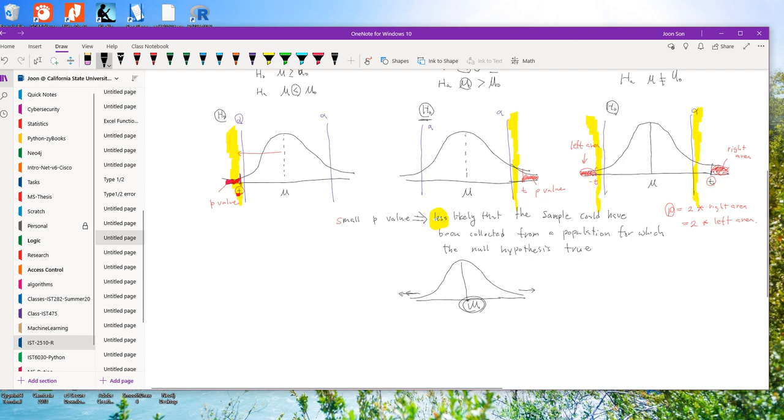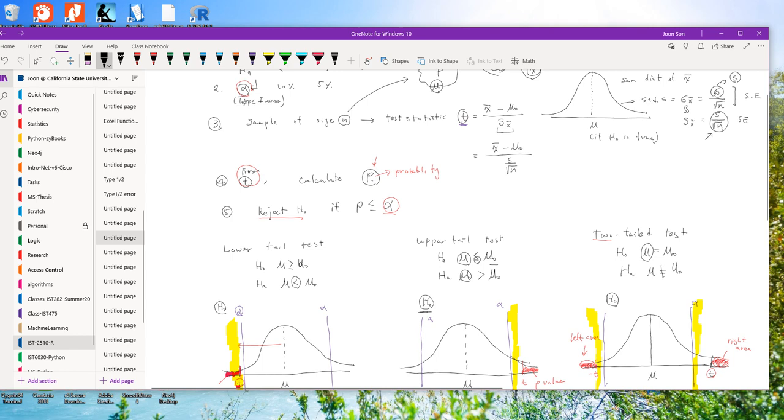Your population could not have this population mean mu. That's what a small p-value really means, and that's why you reject the null hypothesis when the p-value is very small compared to alpha.